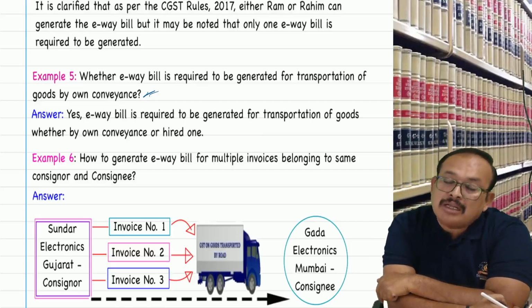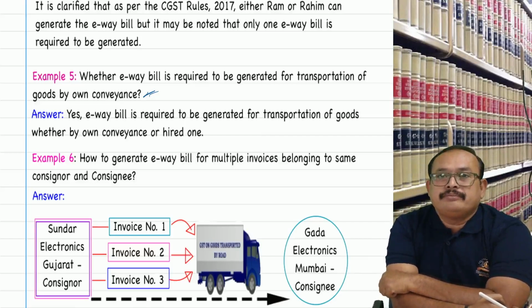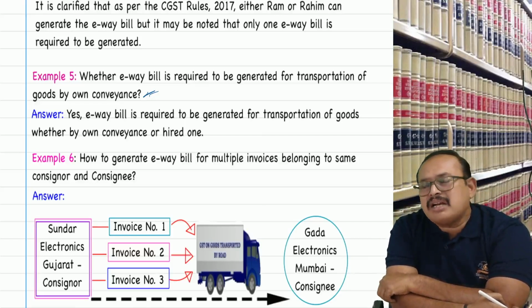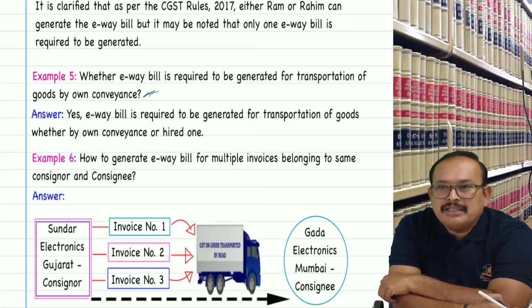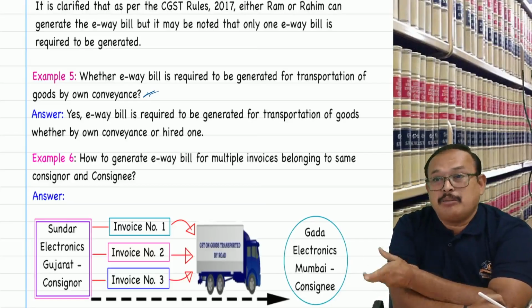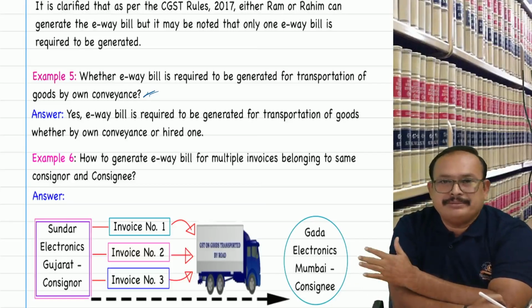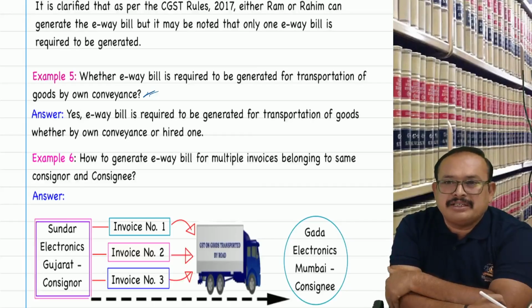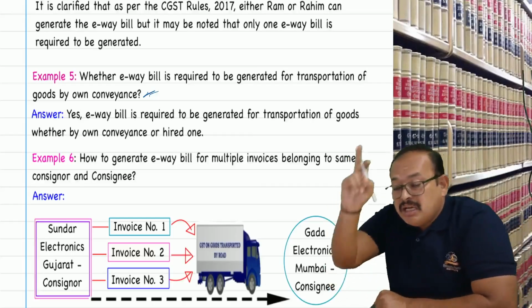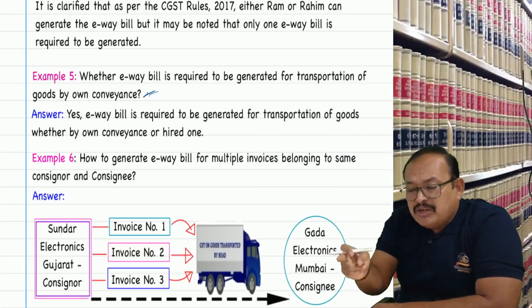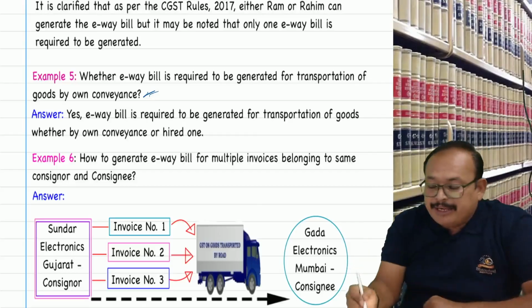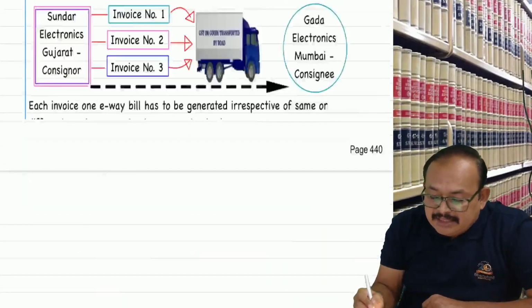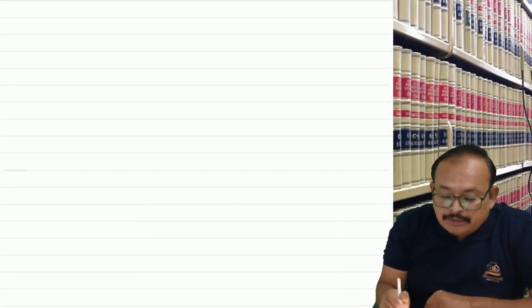Even with your own truck, an e-waybill is required. It is not required when the goods are exempted, other than handicraft goods, other than job work. Then it is okay, not required to generate.